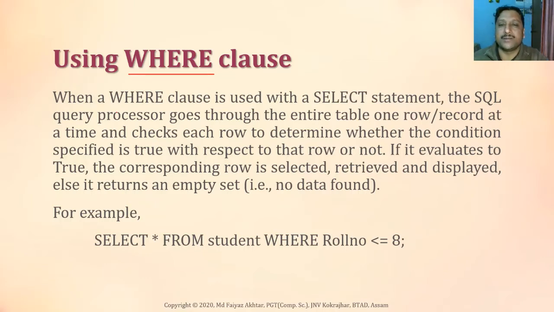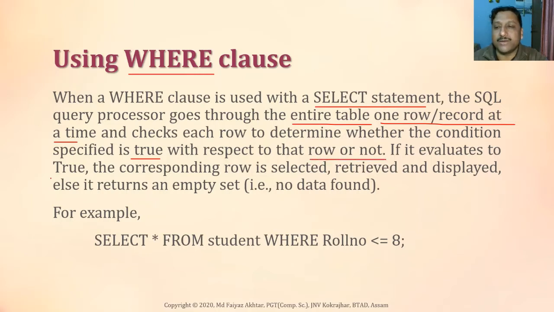Now see some detail. When a where clause is used with a select statement, the SQL query processor goes through the entire table, one row at a time, and checks each row to determine whether the condition specified is true with respect to the row or not.